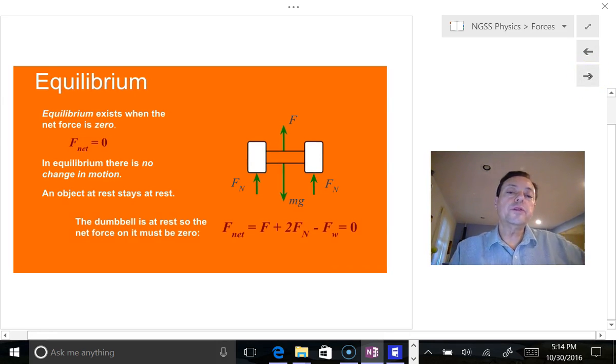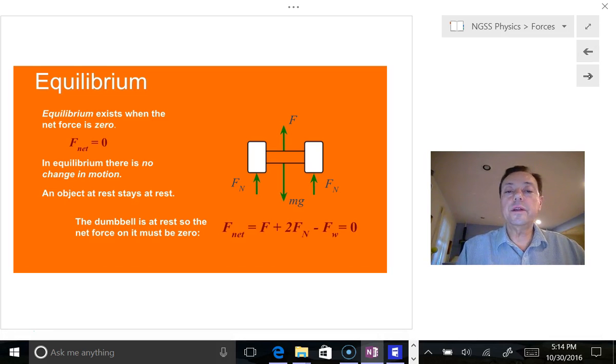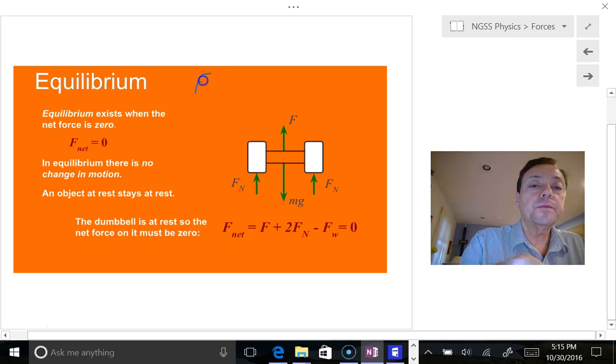Equilibrium is a special case where we say the net force is zero. So if the net force is zero, that means the total force applied is zero, and therefore it's not changing its motion.